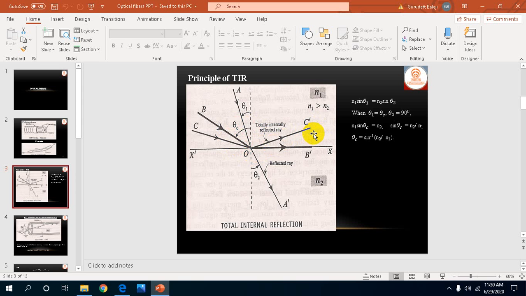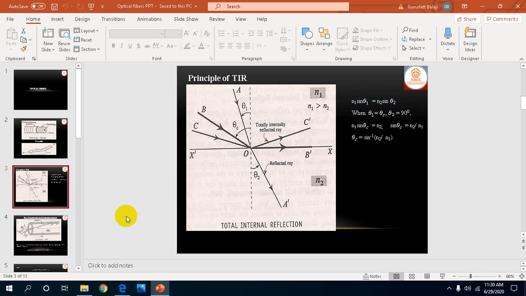This condition is called total internal reflection. From Snell's law, the condition for refraction is N1 sin theta 1 equals N2 sin theta 2. When theta 1 equals theta c, theta 2 equals 90 degrees. So N1 sin theta c equals N2, or theta c is sin inverse of N2 by N1.